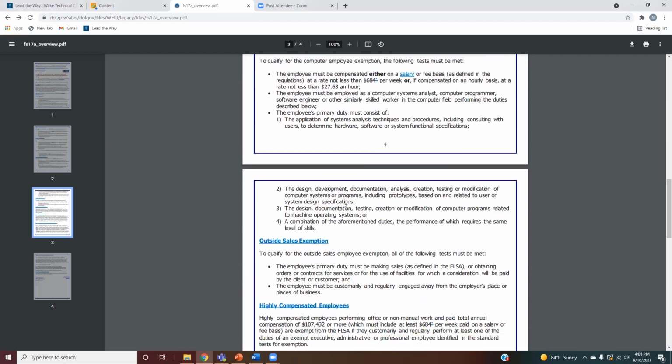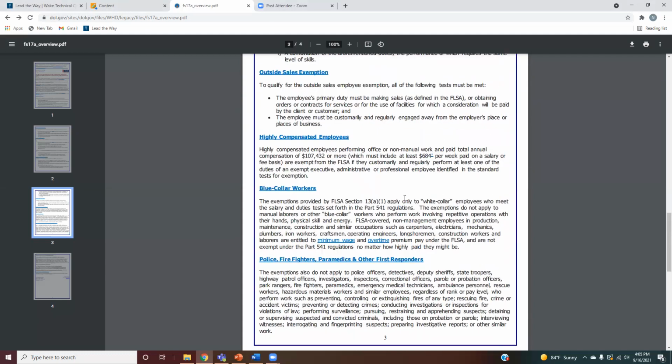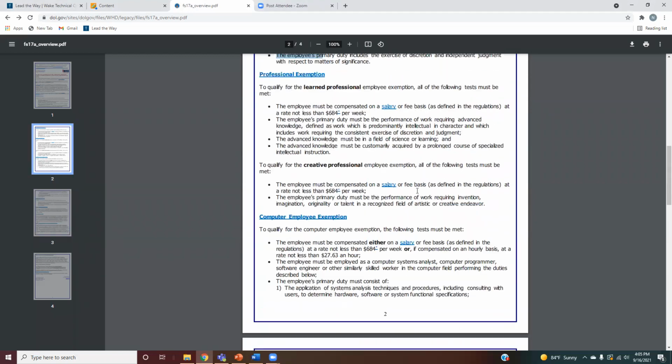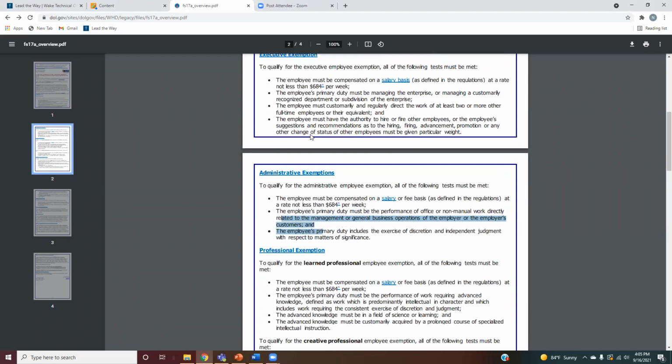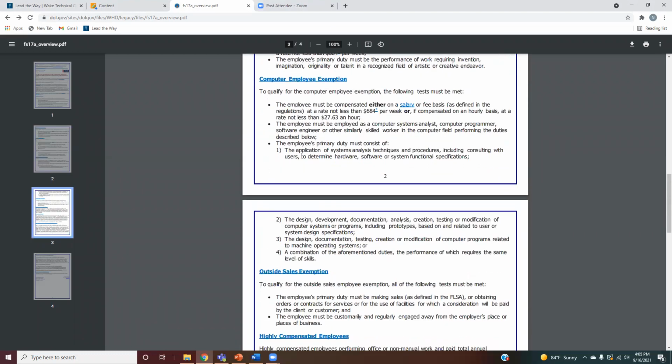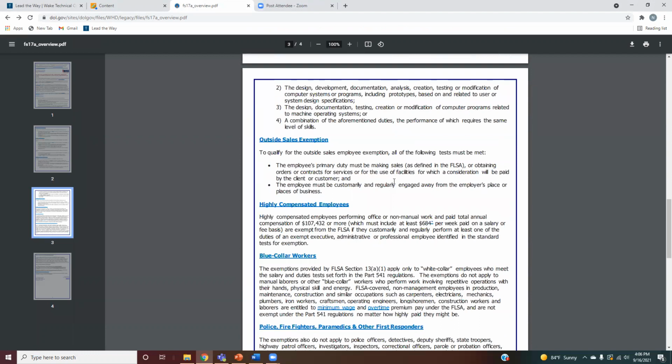And also the technician, I can't remember what that was called, but I think it was an assembly line technician, that fell under blue collar workers. Everything else fell under an exemption. You could either file it under executive, professional, computer, or even outside sales, right? It had its own exemption. The only one that was tricky was the engineer, and it really depended on how you described their role.